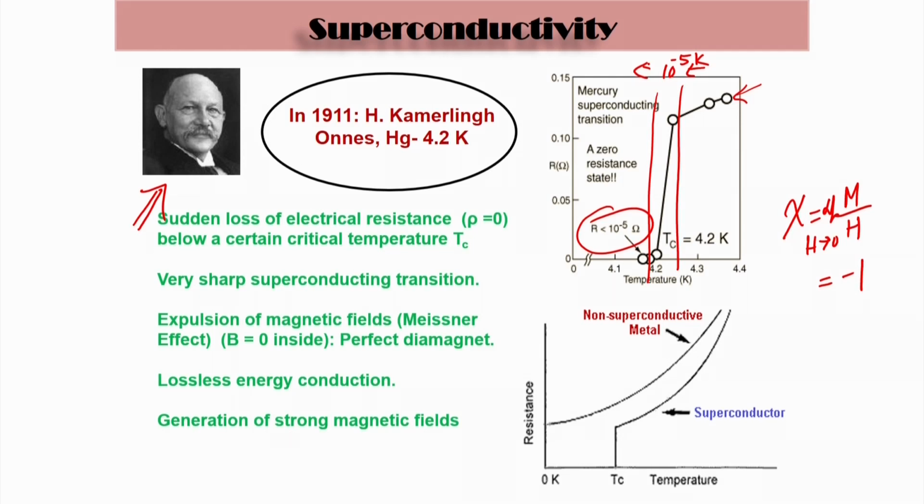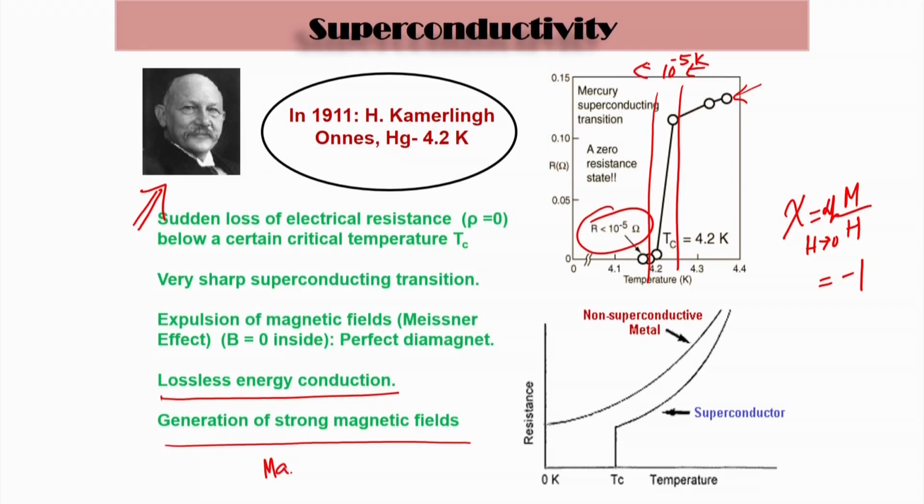Then, as we have said earlier, there is lossless energy conduction and generation of strong magnetic fields. So, in the vicinity of the superconductor, there is generation of very strong magnetic field. We will show you at the end a video showing how magnetic field is expelled, and Japan is actually making a train which would be realizable around 2027 or 2028.